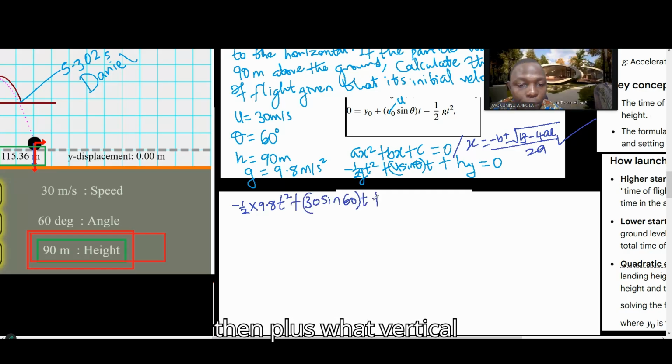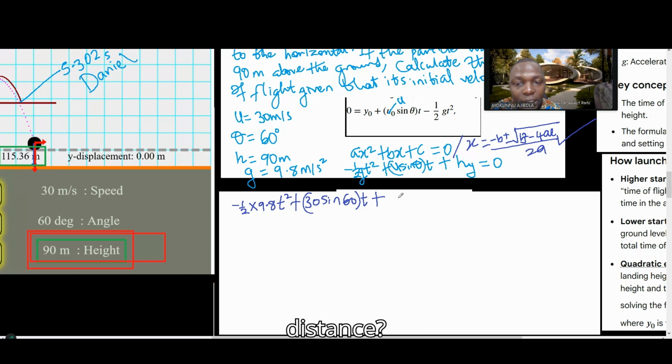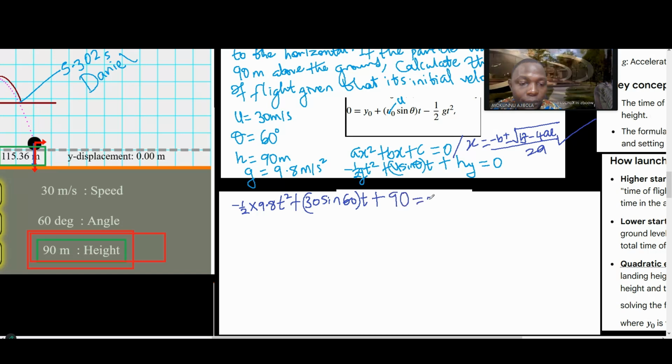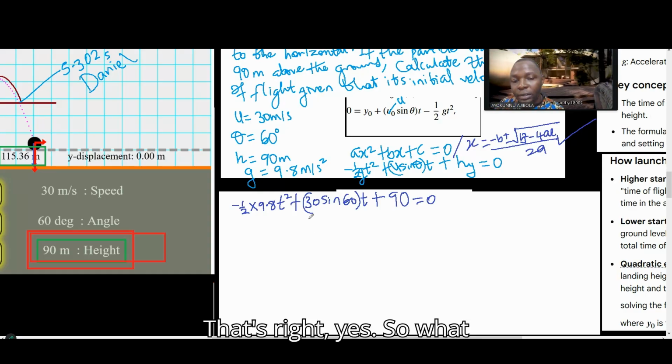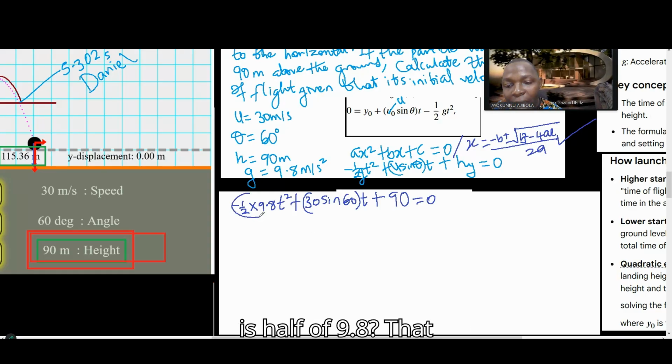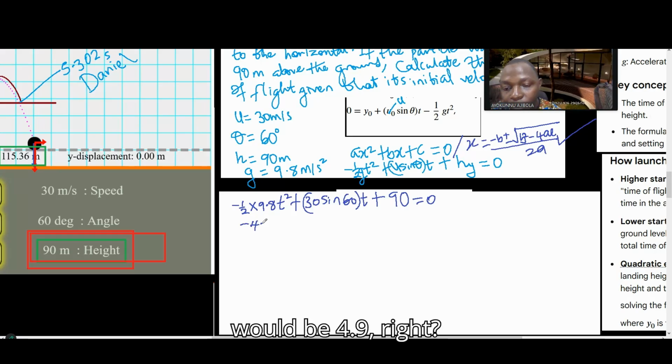Then plus vertical distance, 90. That's the height, yes. So what is half of 9.8? That'll be 4.9, right? Yes, sir.